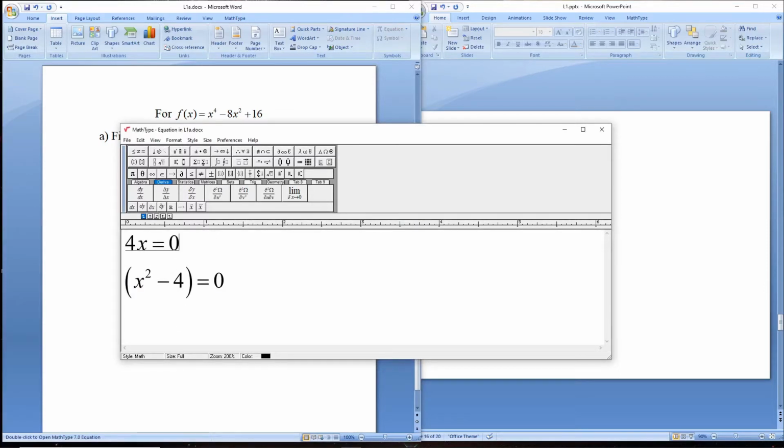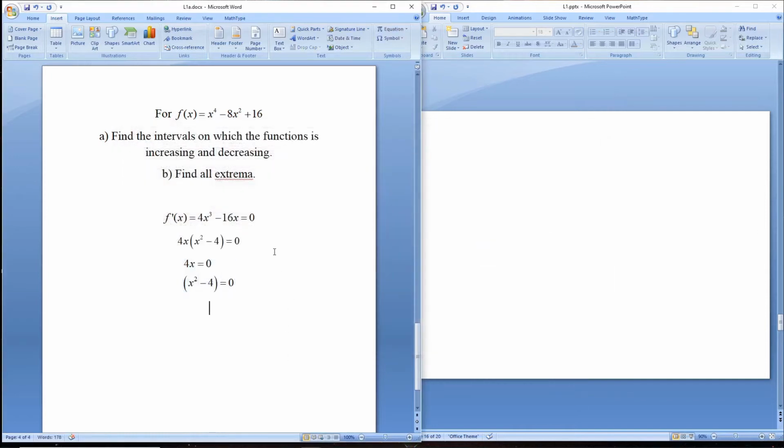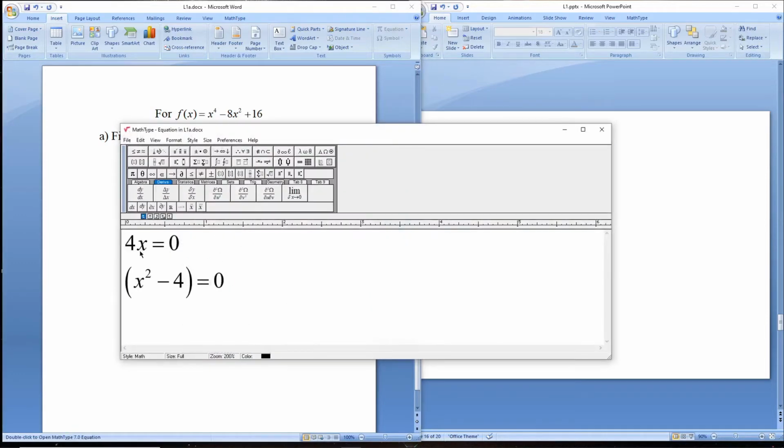So we can set each factor equal to 0 and solve. So the first one, just divide by 4. There's our first critical number, x equals 0. Now the second one, we'll move positive 4 to the other side there.